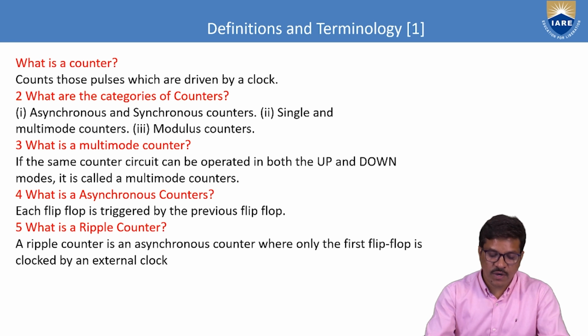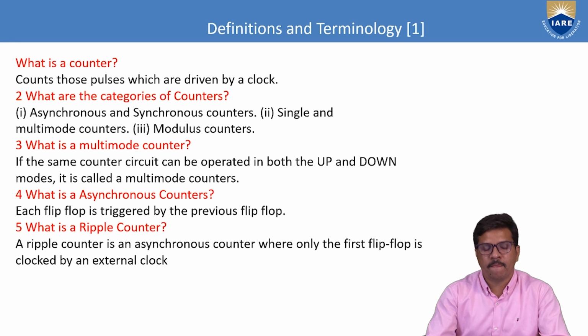And what are asynchronous counters? For a synchronous counter, we must use a common global clock for all the flip-flops. Whereas in an asynchronous counter, each flip-flop is triggered by the previous flip-flop. We apply the clock to the first flip-flop, then the output of that flip-flop drives the next flip-flop.